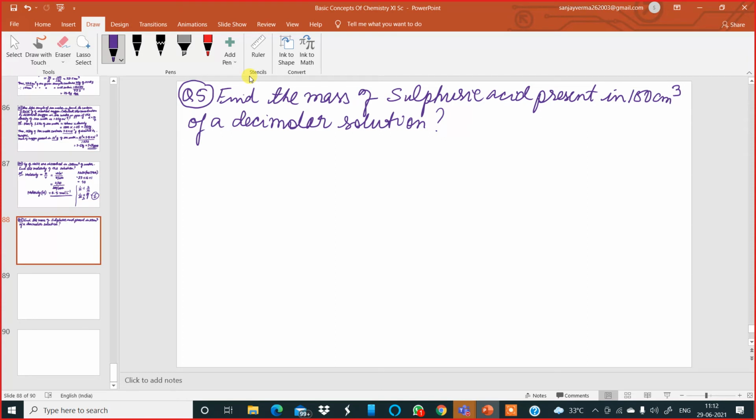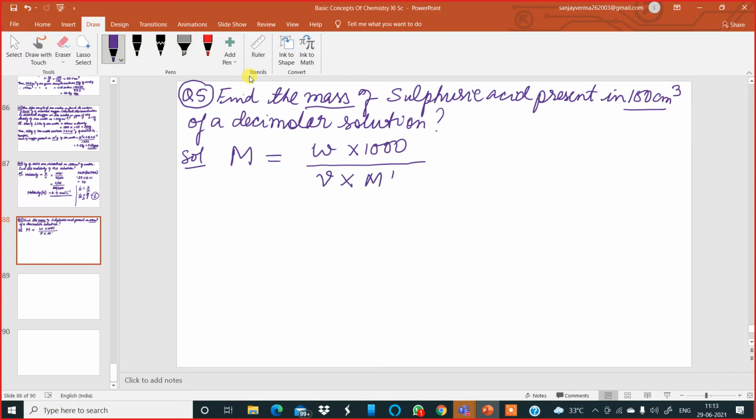Okay. Now, if you remember the formula, they are telling us to find the mass of sulfuric acid present in 100 centimeter cube of a decimolar solution. If you remember the formula for molarity which I have given in my previous class, capital M stands for molarity, is equal to W multiplied by 1000 divided by small v into M dash.